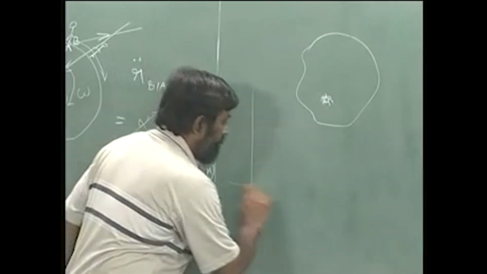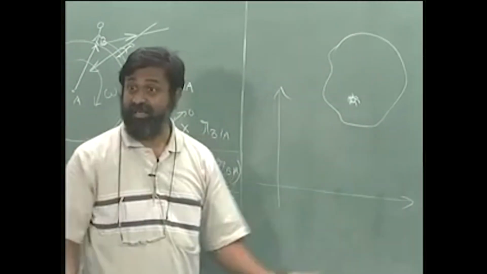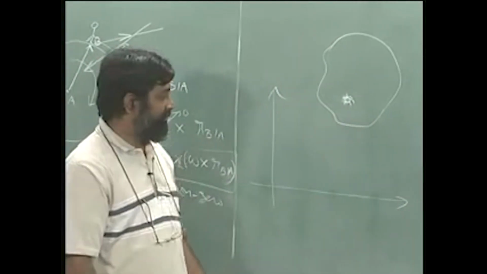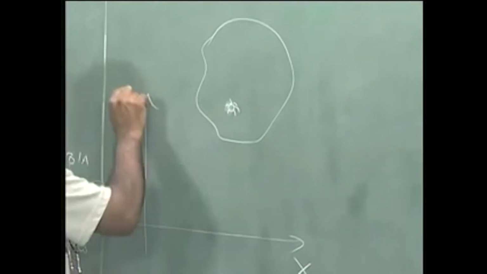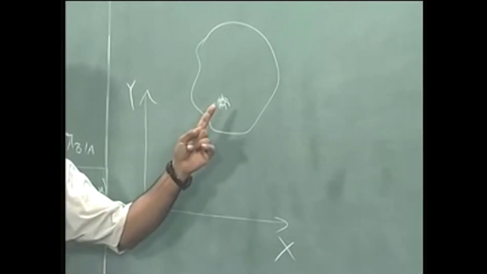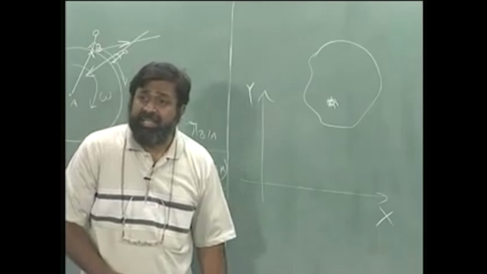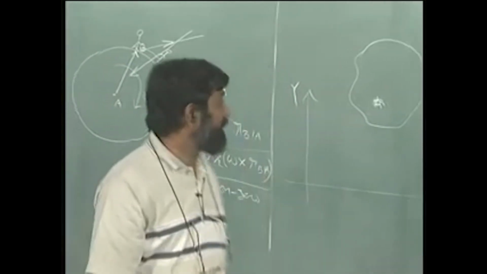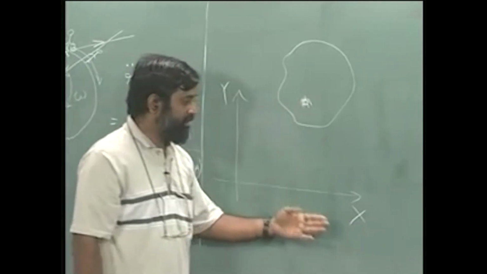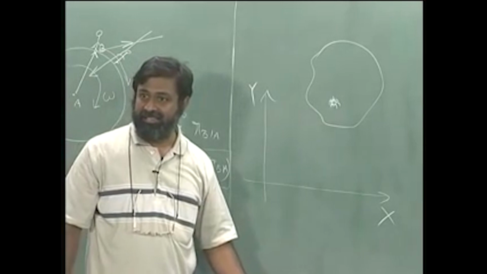Now, remember, this body also is moving and accelerating, okay. And can I find out with respect to fixed frame of reference what would be the acceleration of this particular insect? Why am I interested in acceleration of that particular insect or velocity of that insect with respect to the fixed frame? What is the reason?